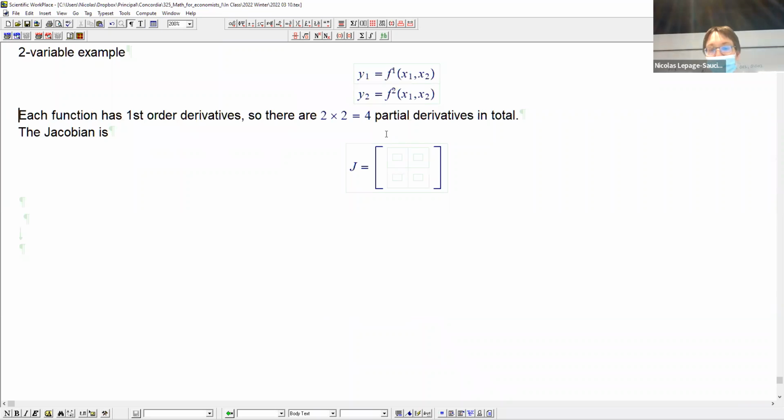And what we're going to show is something like dy1 dx1, dy1 dx2.